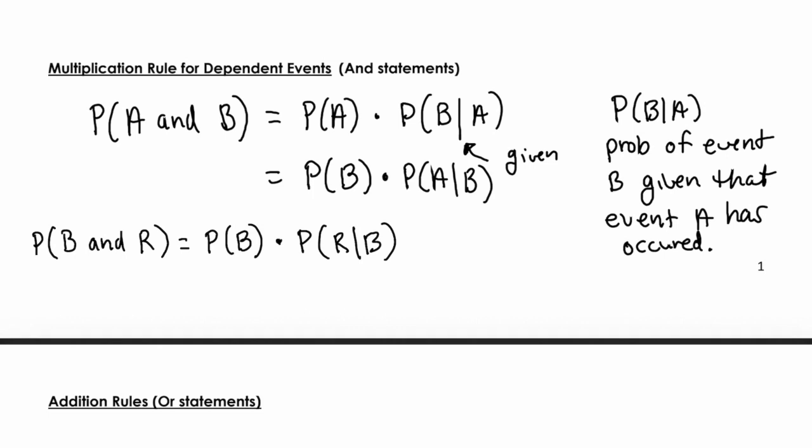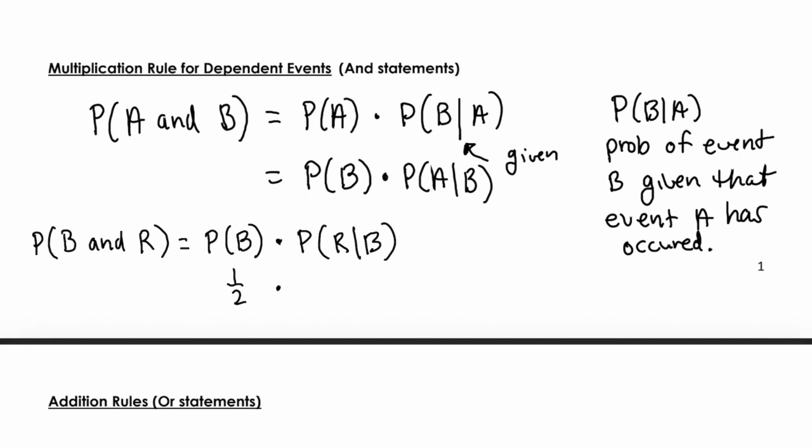So on my first pick, remember we have 10 blue chips and 10 red chips. So if I pick a blue chip, that's a 1/2 probability on the first pick that I get a blue chip.